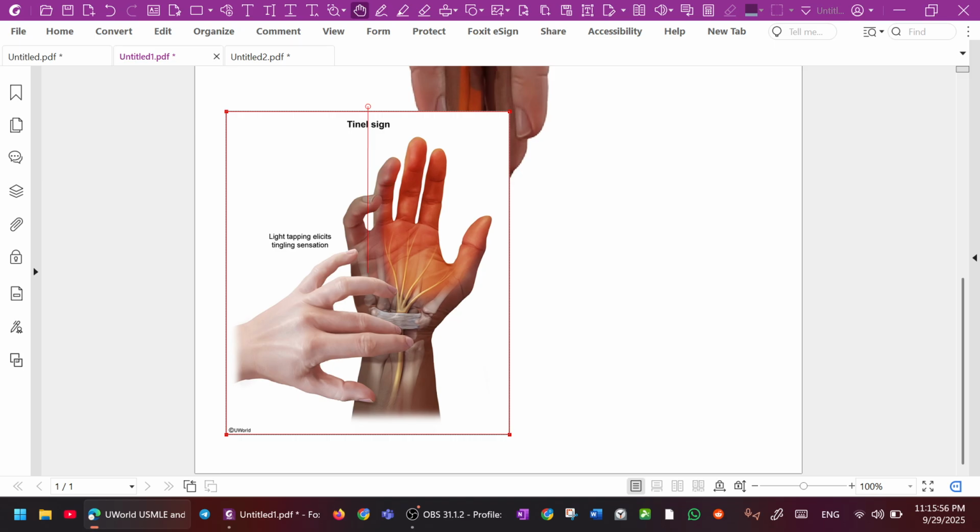Nerve conduction study indicates slowed conduction velocity across the carpal tunnel, indicating demyelination.